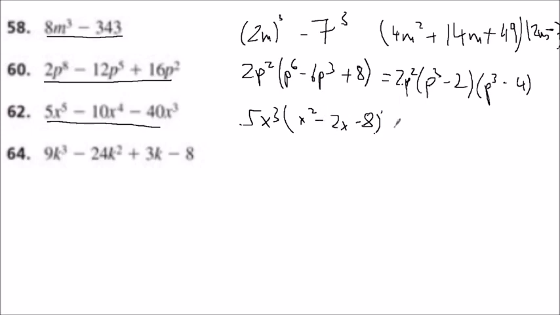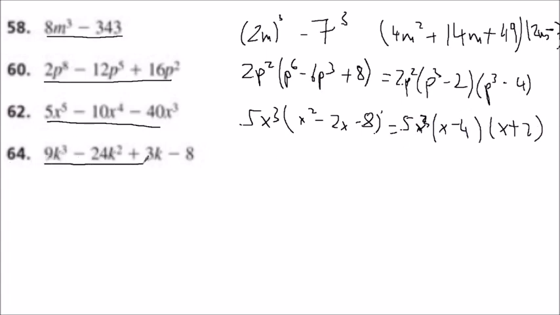Now, which two numbers add up to negative 2 and multiply to negative 8? I'll give you a few seconds. Okay, it's negative 4 and positive 2. x minus 4, x plus 2. It's 5x cubed, I'm sorry. 5x cubed, x minus 4, x plus 2.